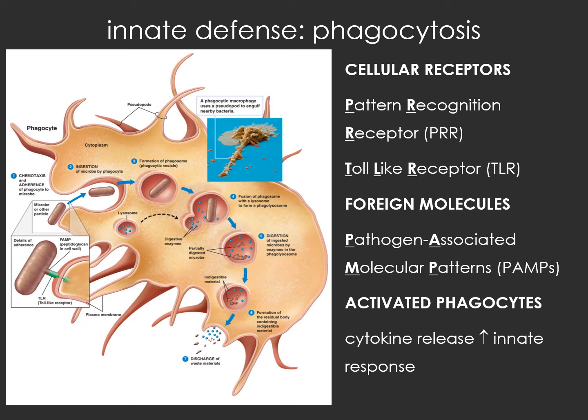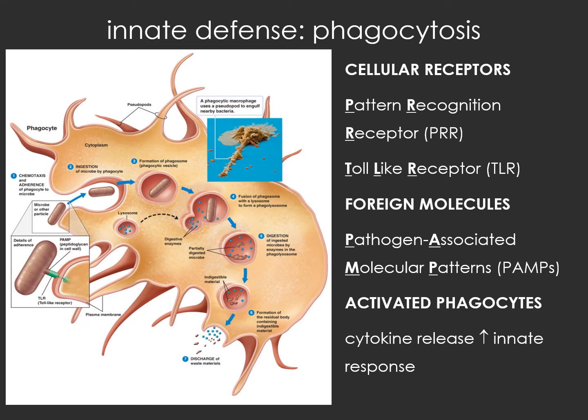So pattern recognition receptors, which are abbreviated PRRs, are found on phagocytic cells, and the patterns that they recognize are pathogen patterns. So pattern recognition receptors are found on phagocytes, and they recognize pathogenic patterns. So when they recognize that pattern, they recognize that the thing that's attached to it is a pathogen, and that will cause them to engulf whatever it is that they've attached to.